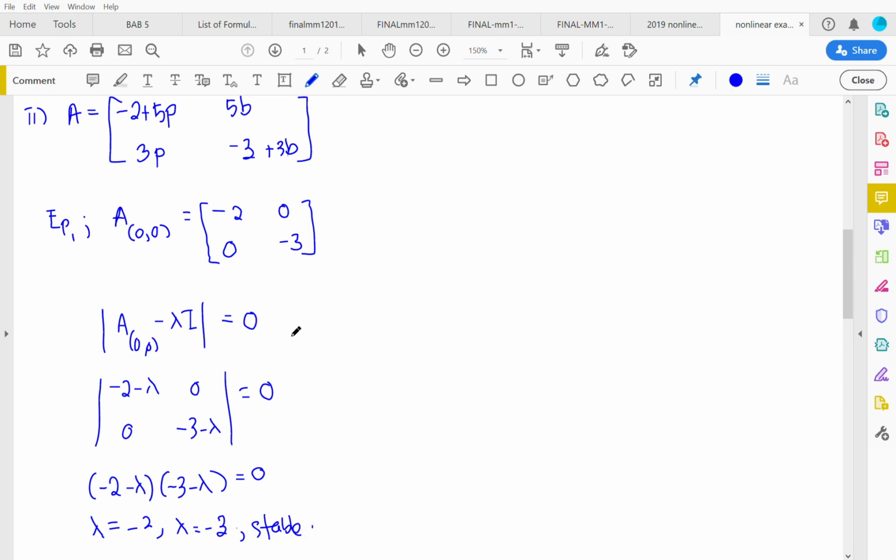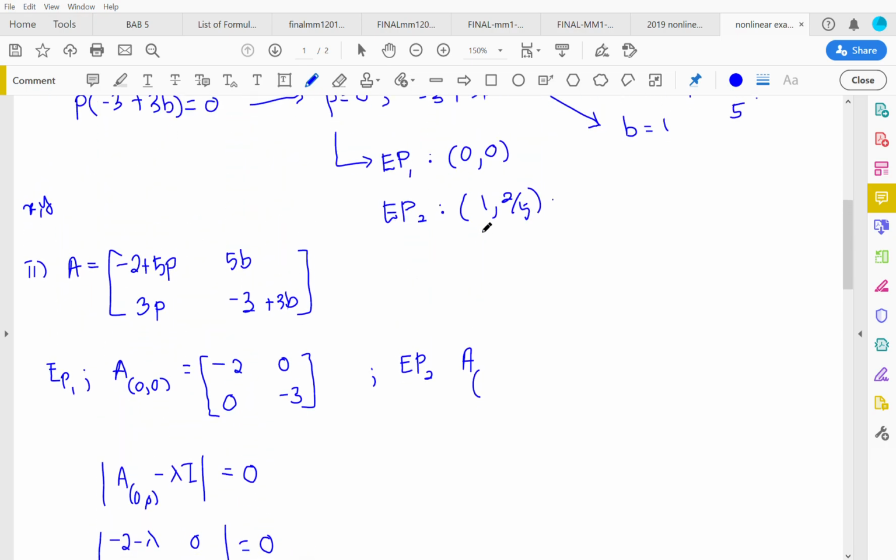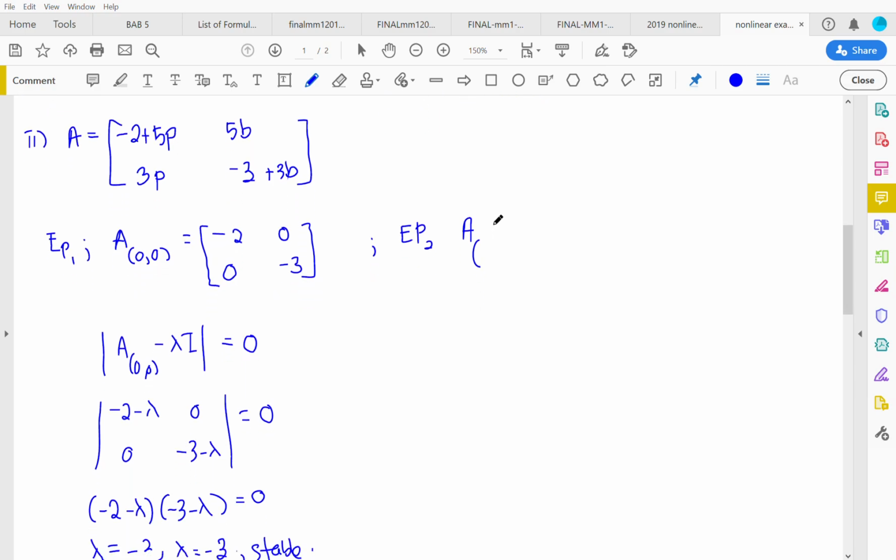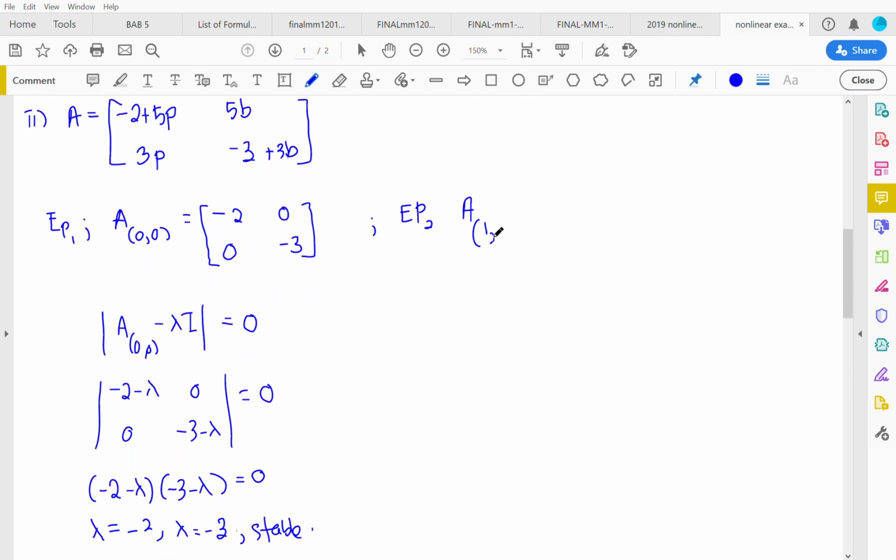Next, we can check the second equilibrium point as well. For the second equilibrium point, we do the same process to obtain the eigenvalue and to check its stability. For equilibrium point 2, the point is 1, 2 over 5: 1 for b, 2 over 5 for p.